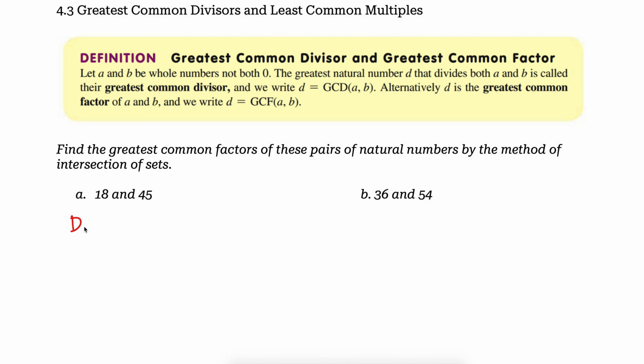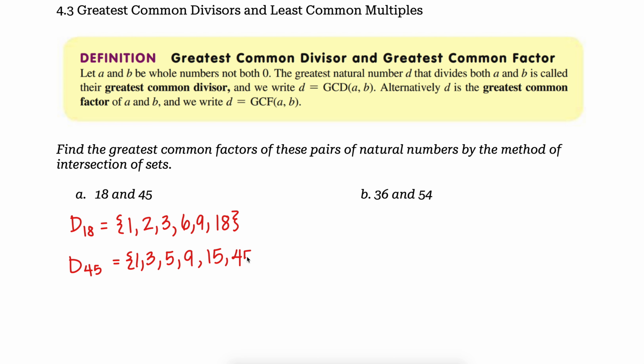If we look at 18, 18 is divisible by 1, of course, also 2, 3, 6, 9, and itself, 18. 45 is divisible by 1, 3, 5, 9, 15, and 45.